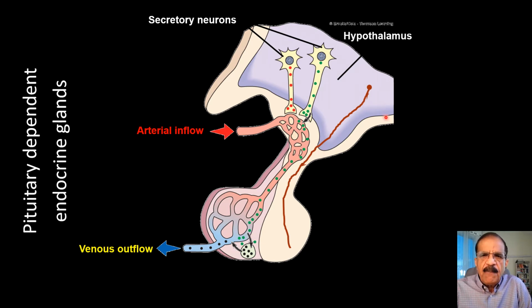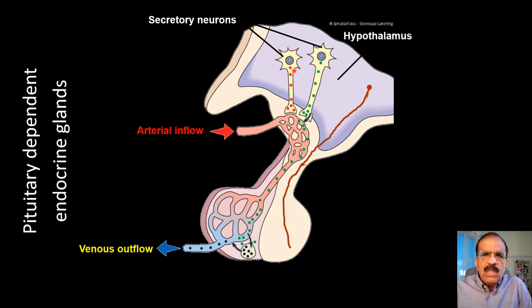This is the hypothalamus, and there are various nuclei which produce secretory hormones and also inhibitory hormones. And then there is a certain collection of neurons which produce actual hormones which are secreted into the posterior pituitary.